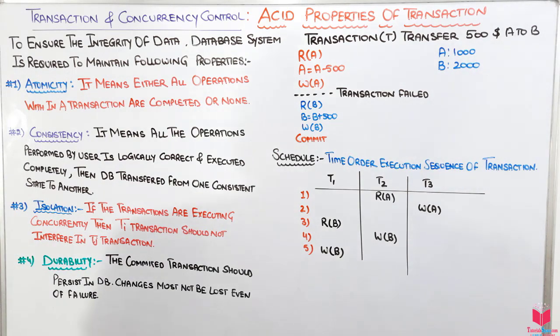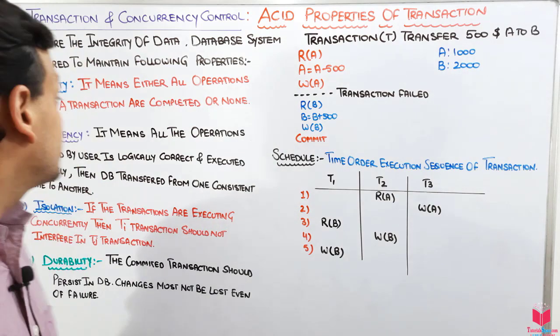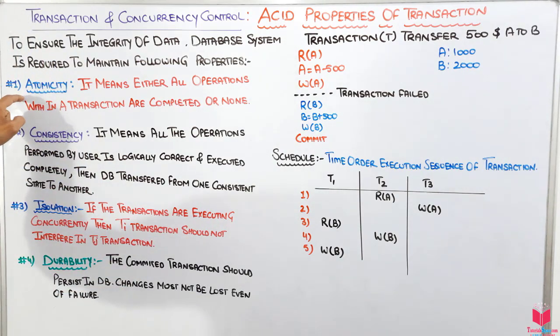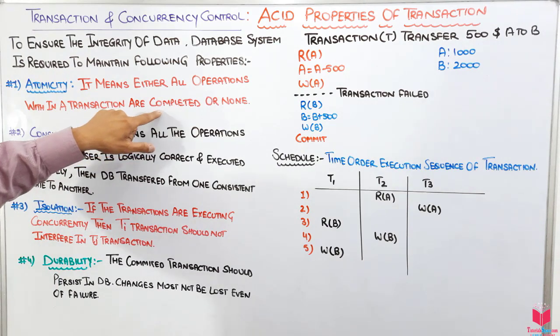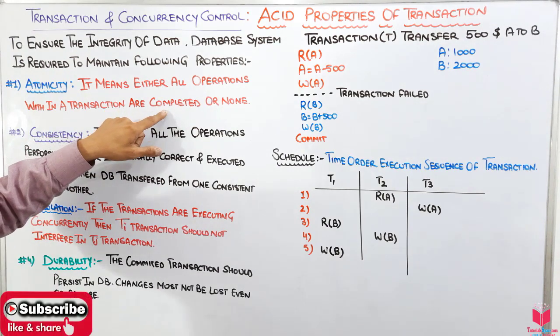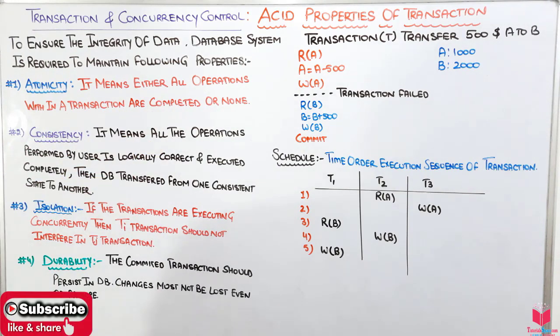Atomicity says that either all operations within a transaction are completed or none. That means if a transaction follows atomicity, it should either be completed or not be completed at all.